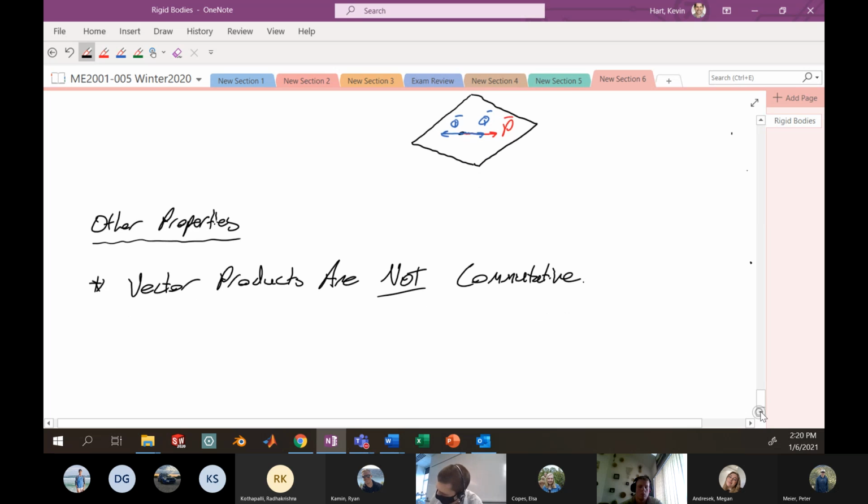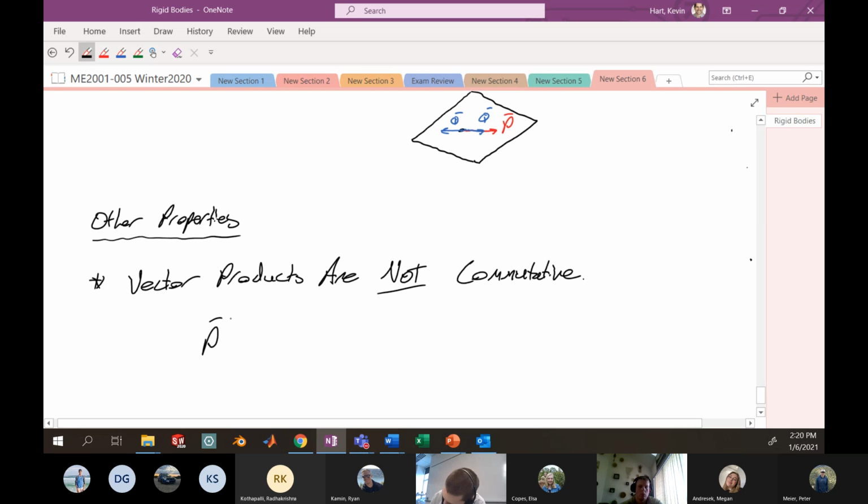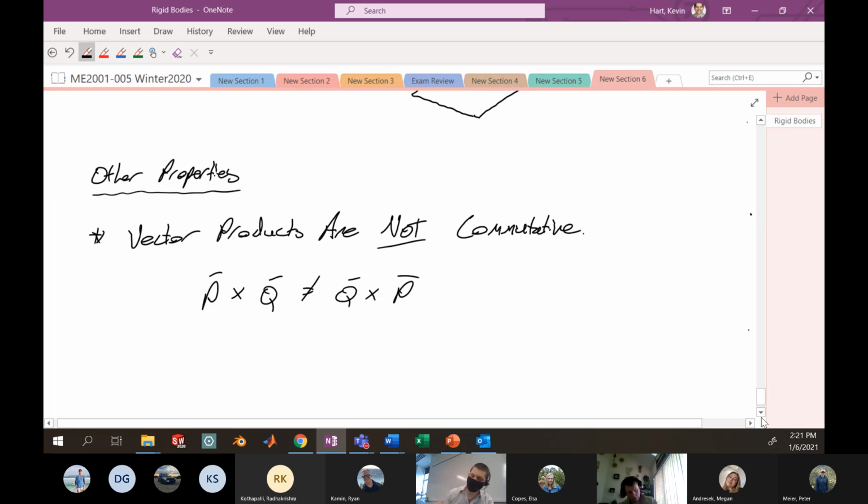The order matters, okay? So P crossed with Q does not equal Q crossed with P. In fact, they are just negatives of each other. But it's important just to bang home the idea that the directionality is important.